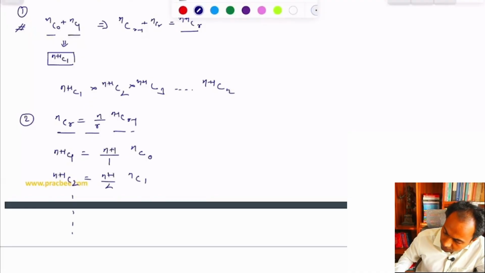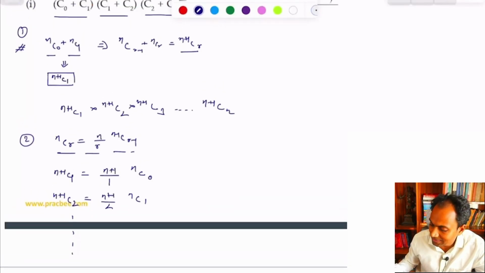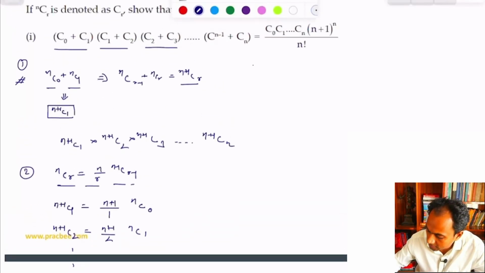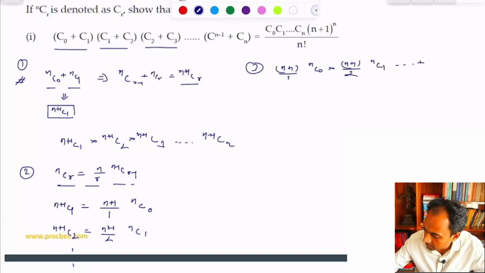If I keep doing this for all the terms, what is the final series that I am going to write in the third step? I will have n plus 1 by 1 times n C0, then n plus 1 by 2 times n C1, and till the last term, this will become n plus 1 by n times n Cn.